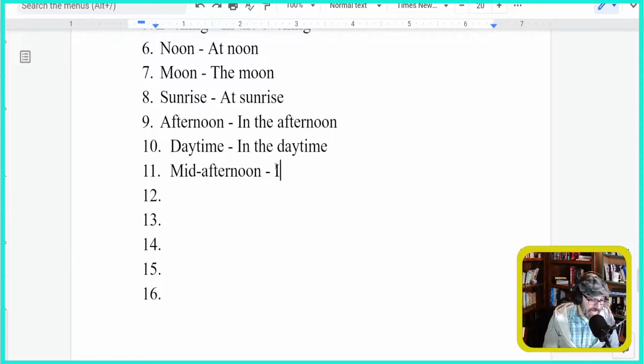We said in the mid-afternoon. Okay. 12. Okay, number 12. Sun. The sun.